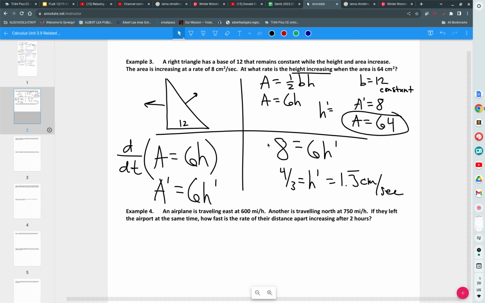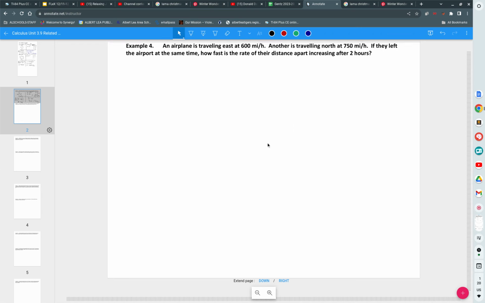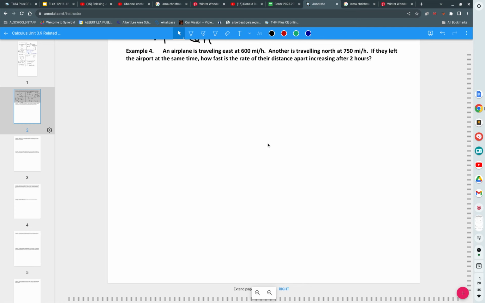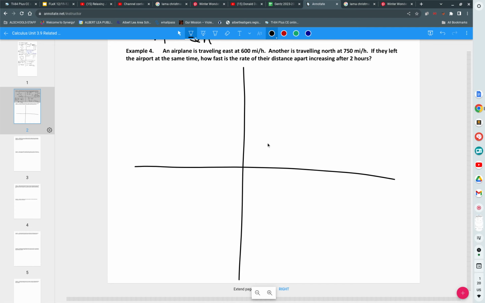Okay, last problem. An airplane is traveling east at 600 miles an hour. Another is traveling north at 750 miles an hour. If they left the airport at the same time, how fast is the rate of their distance apart increasing after 2 hours? I'd like to finish off this problem, but I don't know if we'll be able to.